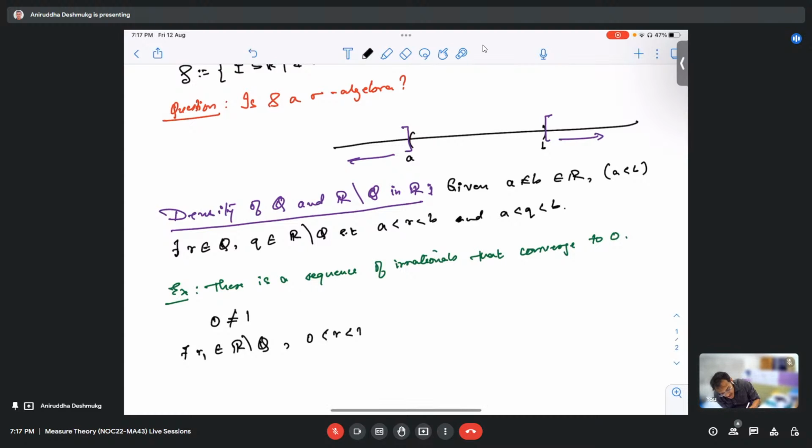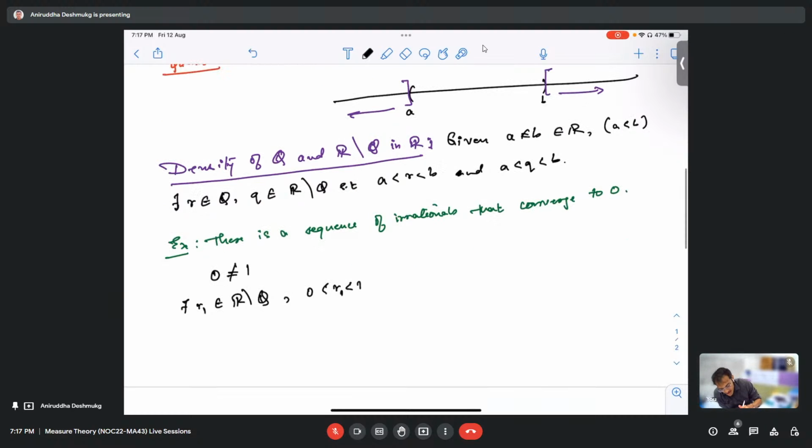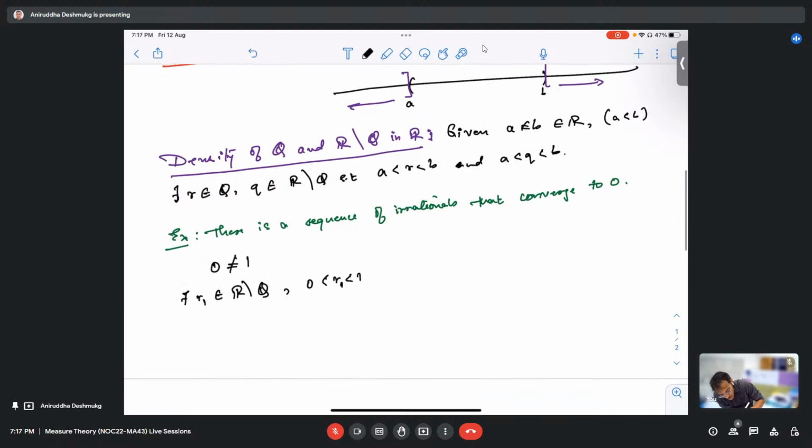Let us call it R1. Now 0 is also not equal to half. In fact, 0 is strictly less than 1 and 0 is strictly less than half. So there is R2, an irrational between 0 and half.